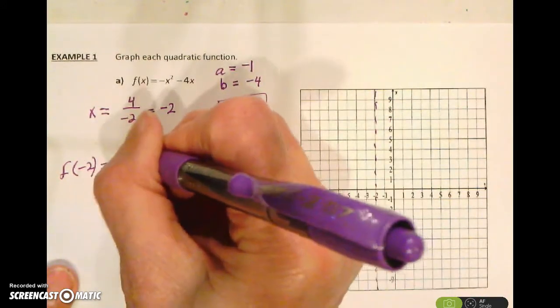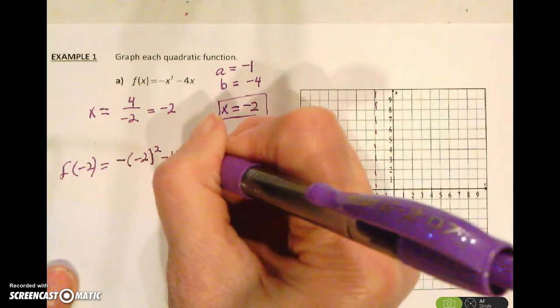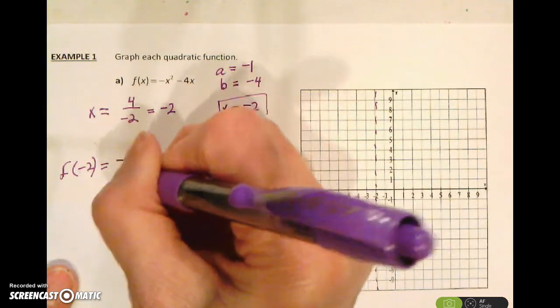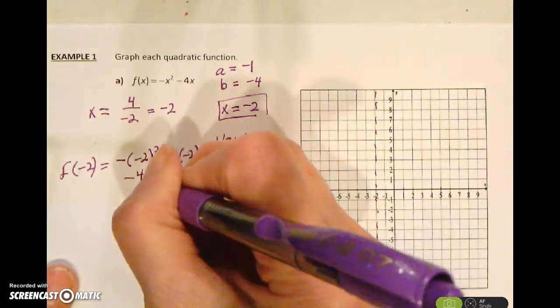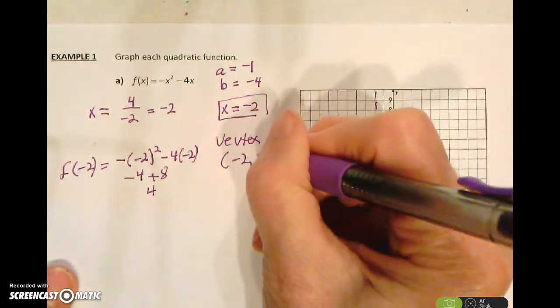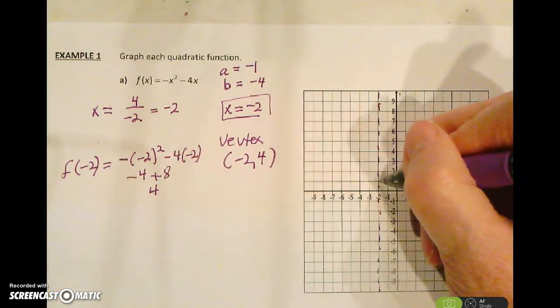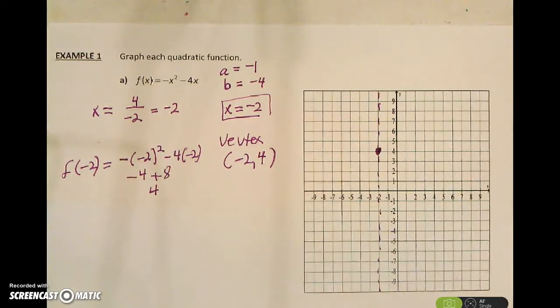So we're going to have a negative times the negative 2 squared minus 4 times negative 2. So square it first, I get a 4, and this makes it negative 4 plus 8, which is going to be 4. So our vertex then is (negative 2, 4). So 1, 2, 3, 4, and we'll plot that point.